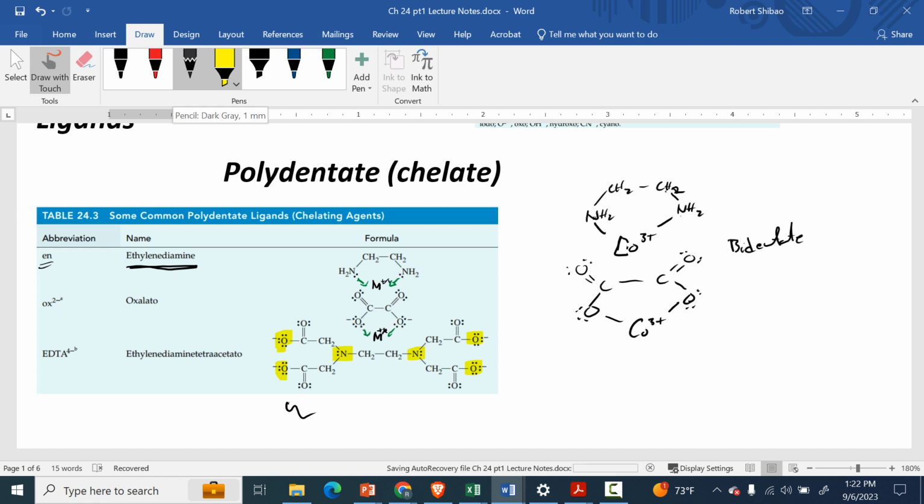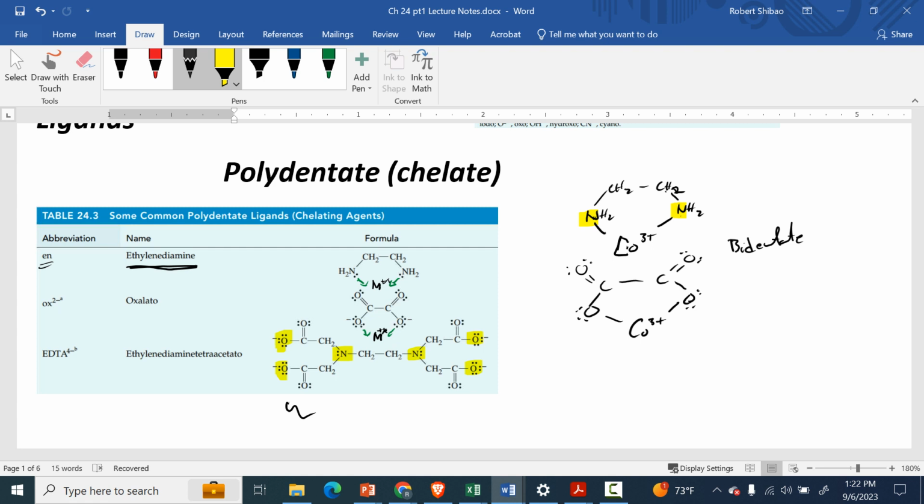The first one is ethylene diamine, in which these two nitrogens here attach. Bidentate ligands are called chelating agents, in reference to a claw, like on a crab. And one characteristic property of chelating agents is they're difficult to break off, compared to monodentate ligands.